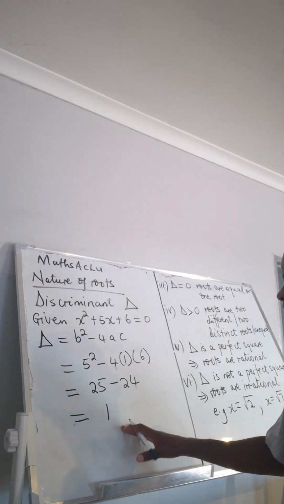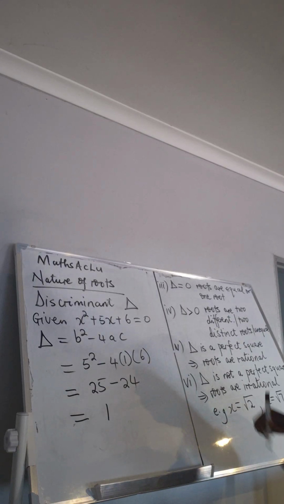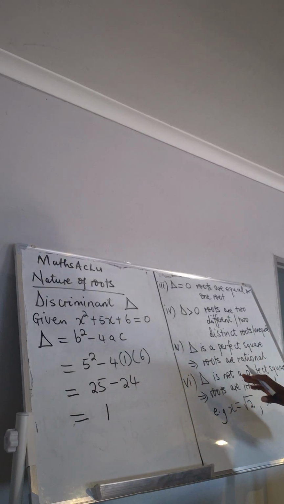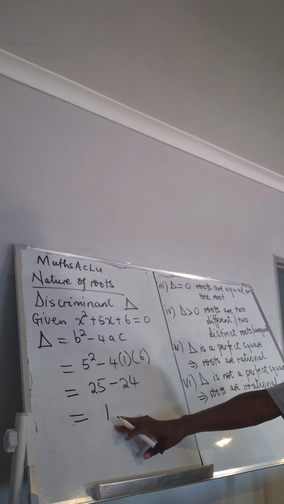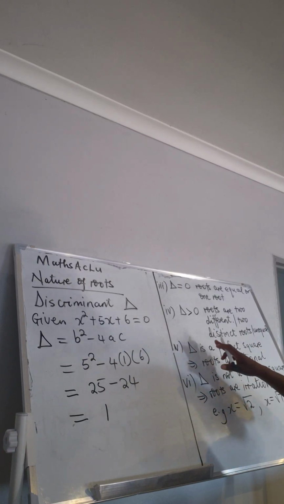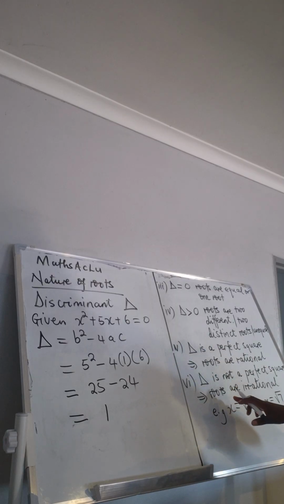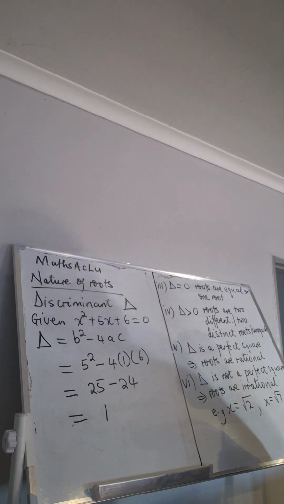So what does it mean now? If the discriminant is 1, it is greater than 0. It's a real number, yes. But then there's also another condition. Delta is a perfect square, so roots are rational.